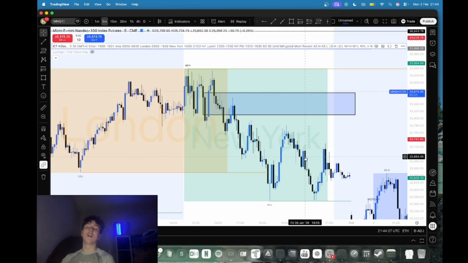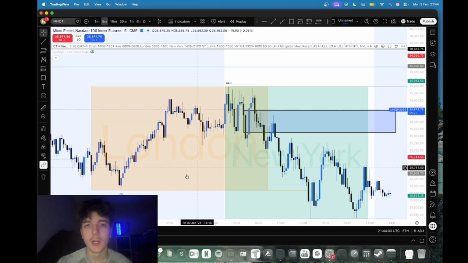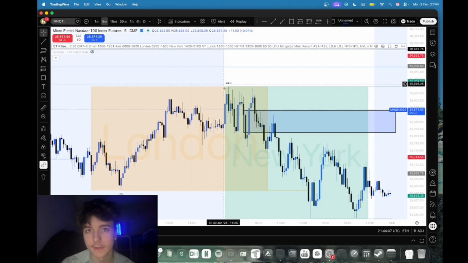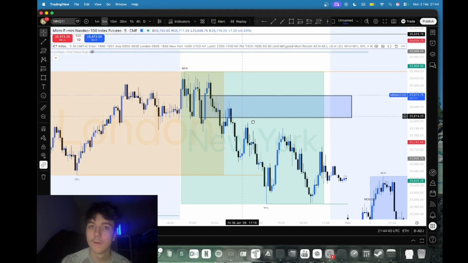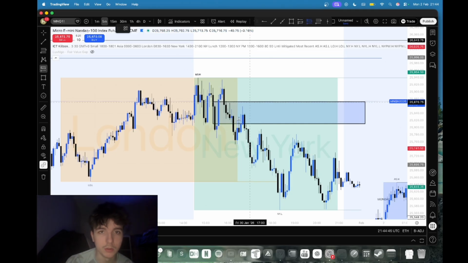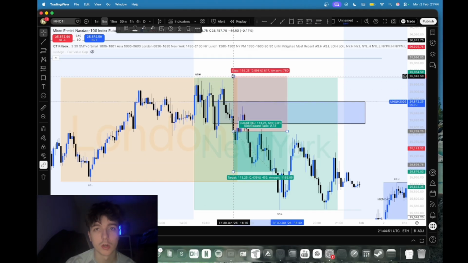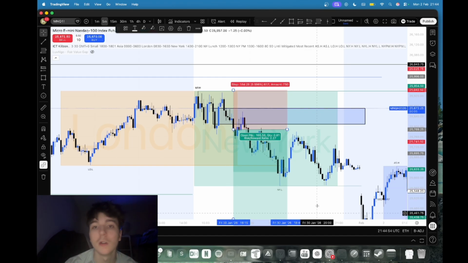Now, another thing, if we start to use our confluences together, if you could see, this is liquidity. We sweep liquidity, have an inverse fair value gap, and we have a huge move down. If you took this move purely based off this candle closure, stops above the fair value gap, you could have targeted a huge move here.